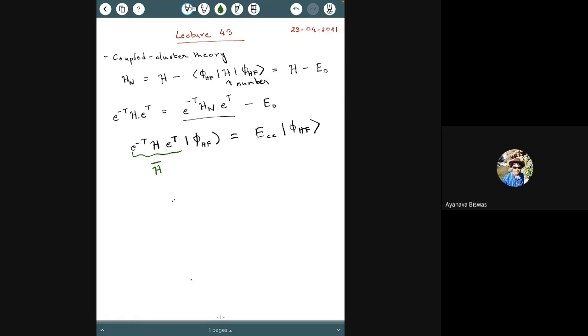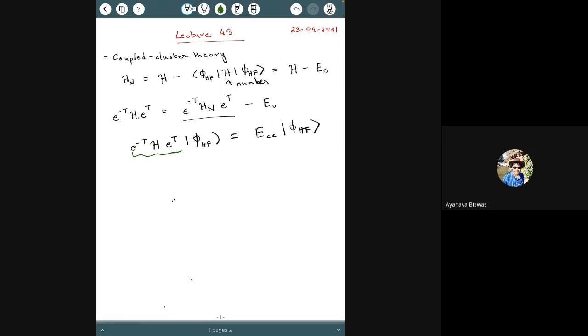But if I write the Hamiltonian in normal ordering, which will simplify my algebraic manipulations and also evaluation of terms later, we will see that today. Then we can write H as Hn plus this number.